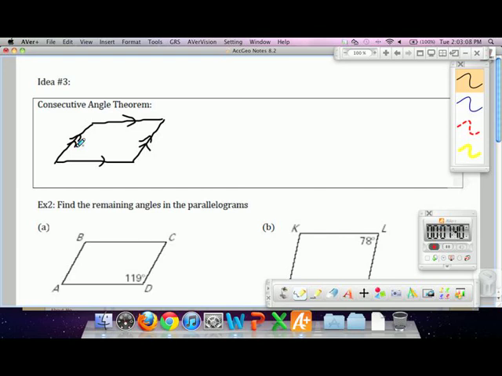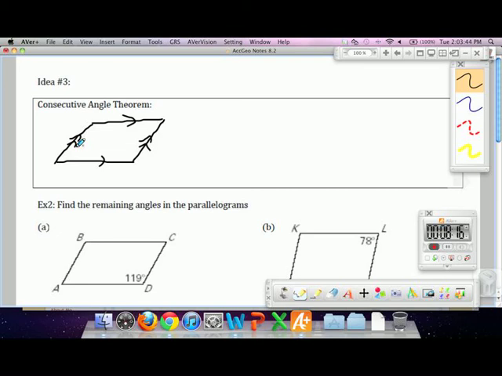Why must they add to 180? Because they are co-interior. There's something more, it starts with a co. Consecutive interior angles, yes. They're consecutive interior angles, and for parallel lines, consecutive interior angles are supplementary.